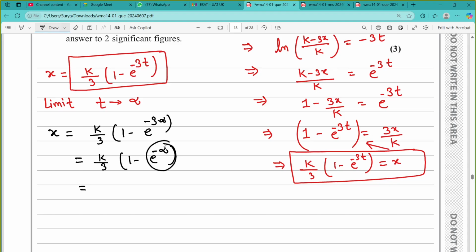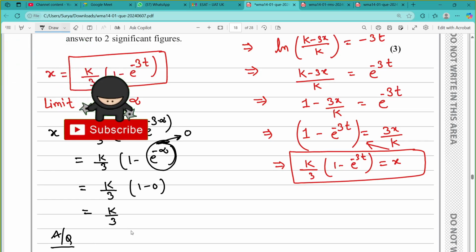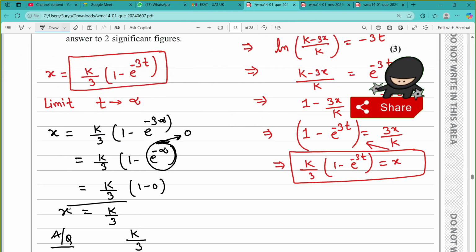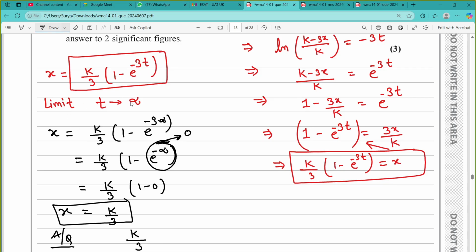This e raised to power minus infinity corresponds to 0. If you are getting it, then okay, otherwise you can ask. So it should be k upon 3, 1 minus 0, which equals k upon 3. And according to the question, the value of x, k upon 3 at t tends to infinity, is given as 7 ampere.